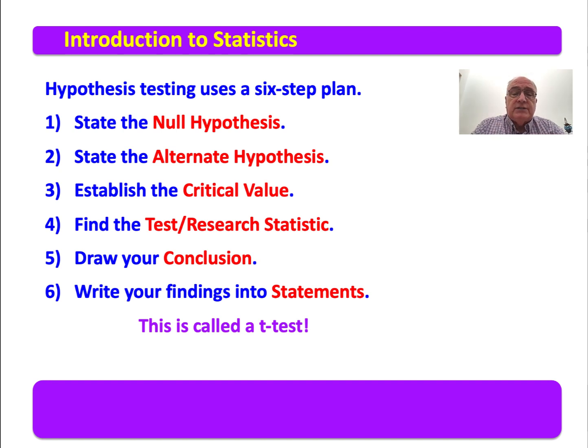It is called a t-test. But when we establish the critical value using software, we don't get a ZCV and we don't get a TCV. What we get is a level of significance, and it will be a value between 0 and 1. To understand this, the significance tells us the likelihood that the curves are the same.